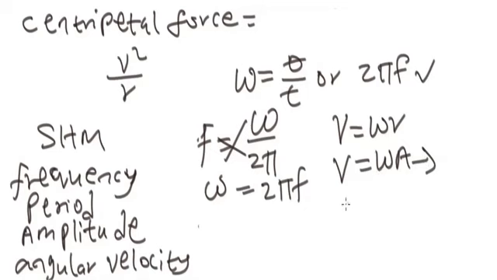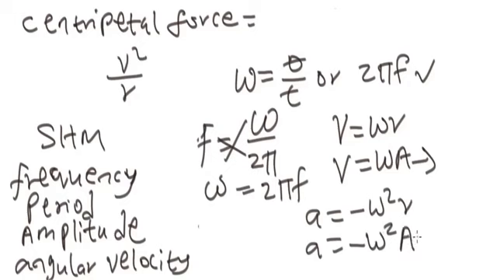Now, if you want to calculate the acceleration of a simple harmonic motion, it is calculated using a equals minus w square r, where r is the radius, or a equals minus w square A, this capital letter A being the amplitude at maximum. Alright, so these are basic formulas you need to get used to in simple harmonic motion, and you'll be good to go.